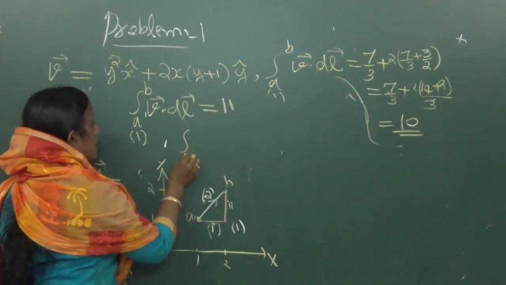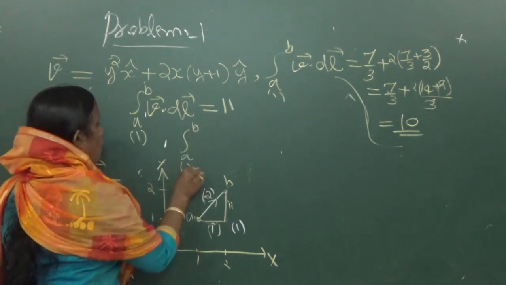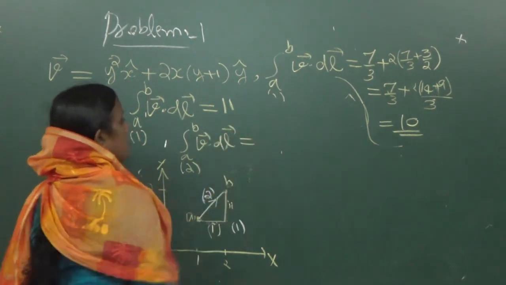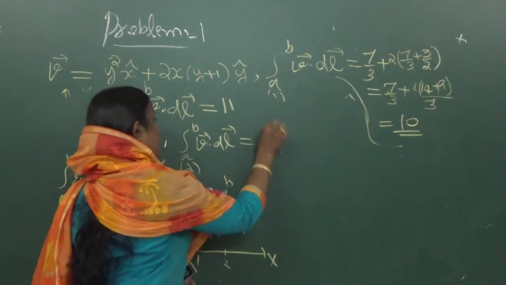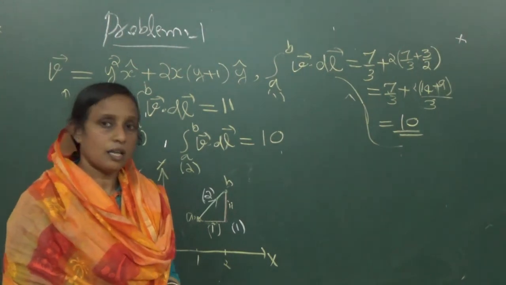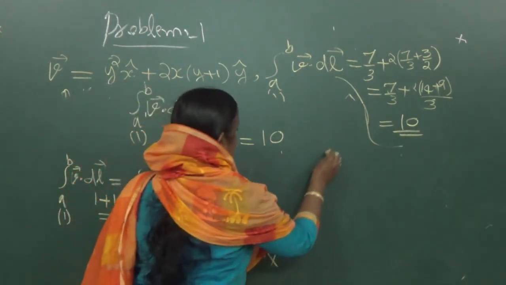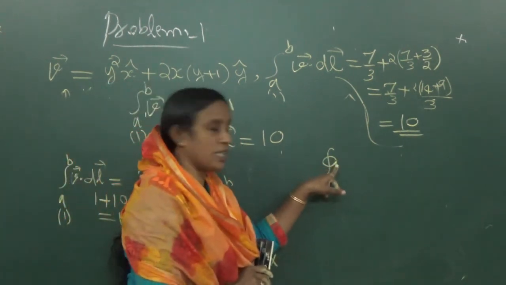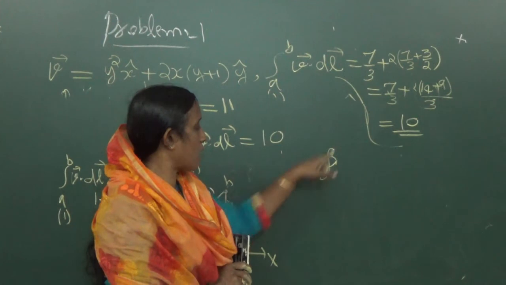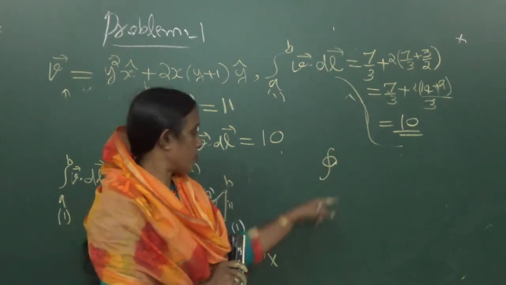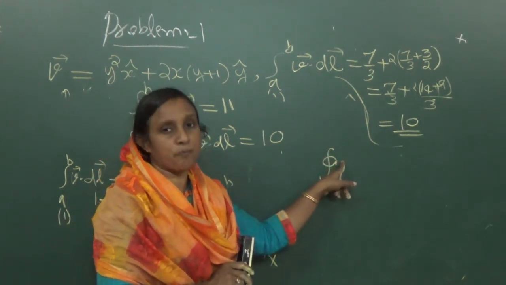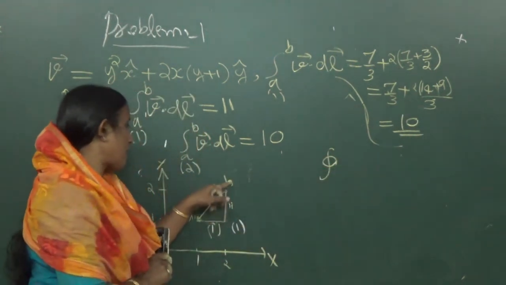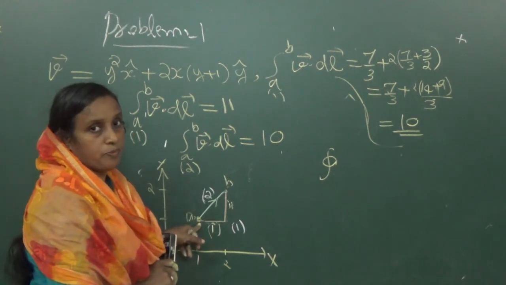Similarly, the integral from A to B along path 2 of v dot dl gives us 10. Now we need the closed integral. If you put a closed integral, there is no meaning in putting upper and lower limits, since we start from a point and end at the same point. This means start from A and return back to A.